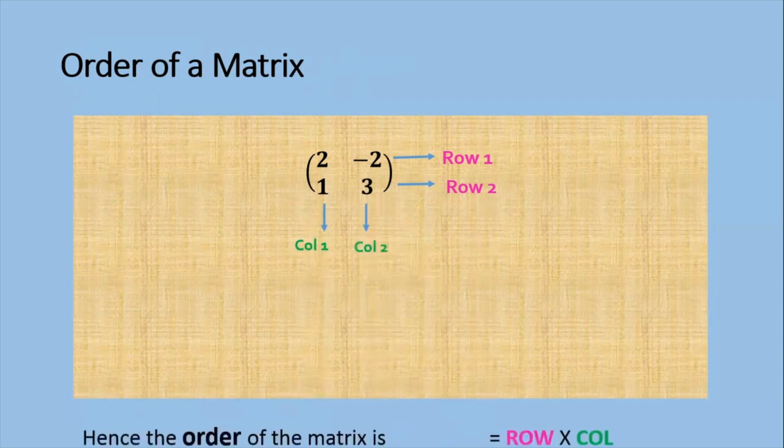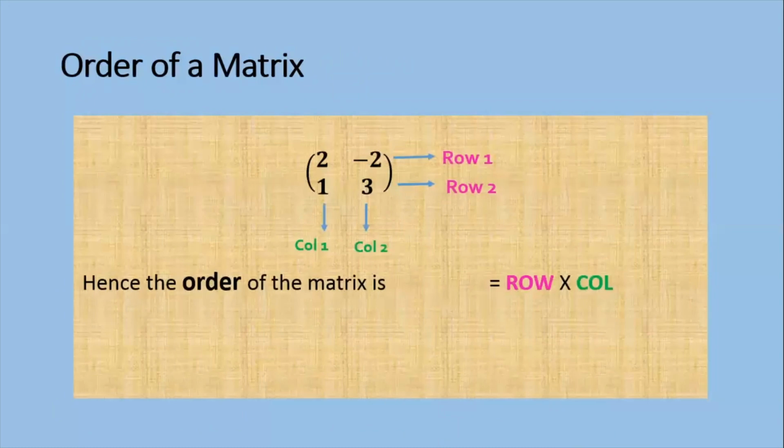So the order of this matrix, always the order is row times column. So that will be 2 rows and 2 columns. That is a 2 by 2 matrix, right? So the order of this matrix is 2 by 2. Another word for order, sometimes you will see the dimension. The dimension of the matrix is 2 by 2.